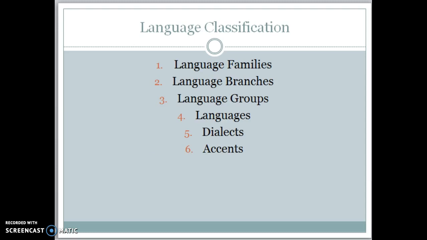All right, so on the screen, when you review language, I want you to make sure that you understand the difference between language classifications. So when we talk about language, we can refer to language families, language branches, language groups, languages in general, dialects, and accents. If you look in your textbook or in the packet of the core concepts, I provided you a copy of the language tree.